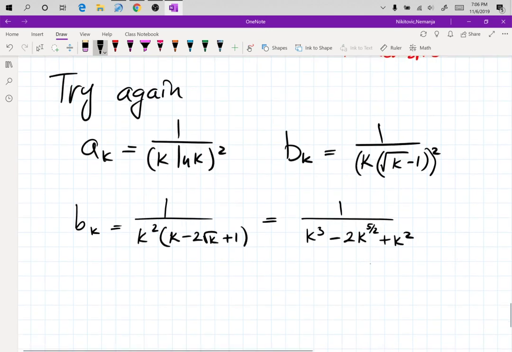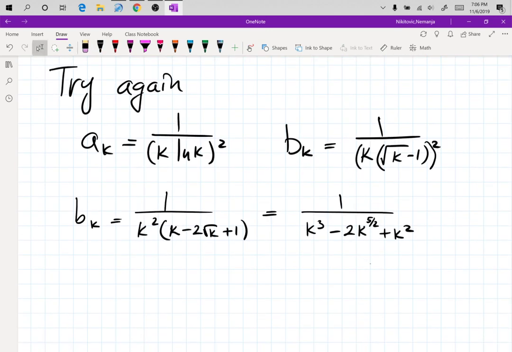And maybe now do the comparison test or do the limit test. I don't know which one is worse. Let's try limit first. K goes to infinity. I'm going to use this form.